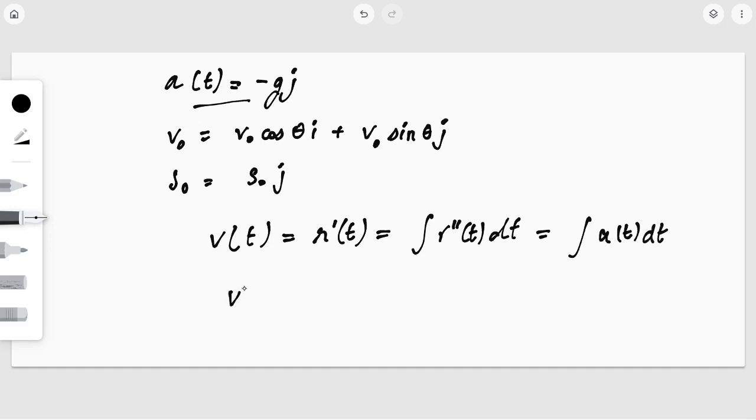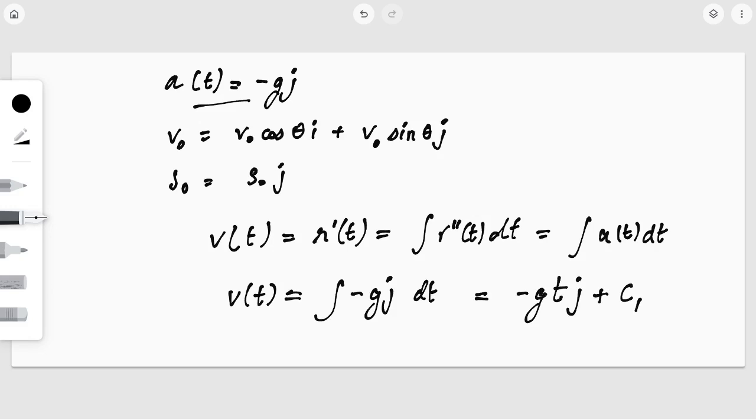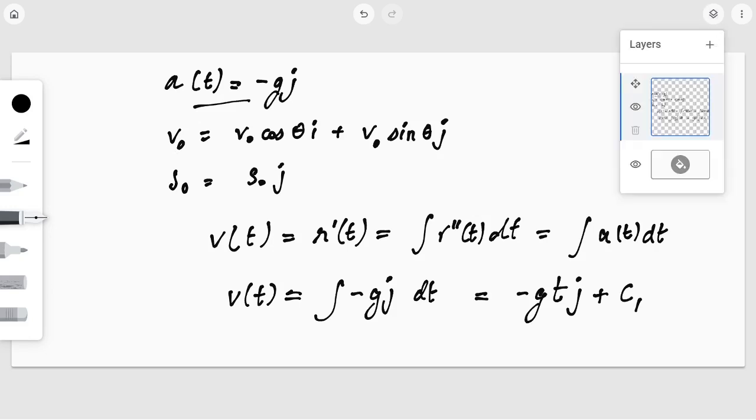So what will be the velocity? v(t) will be the integral of -gj with respect to t. Since g is a constant, it will be -g t j plus the integrating constant c1. Now using the initial condition, we are going to find the value of c1.